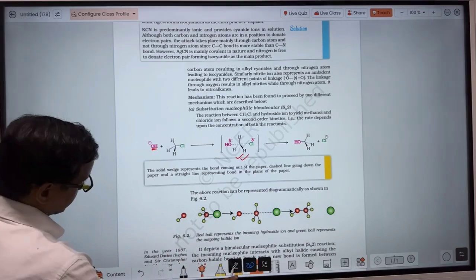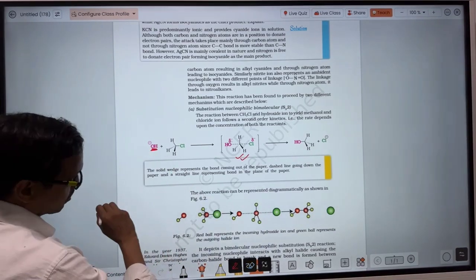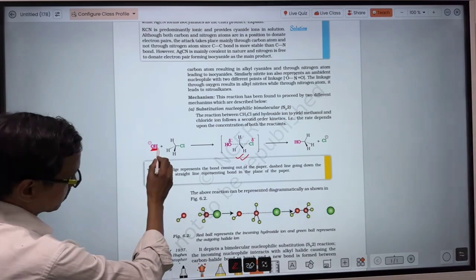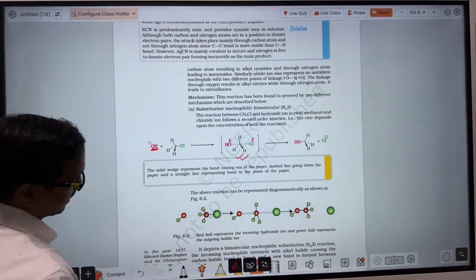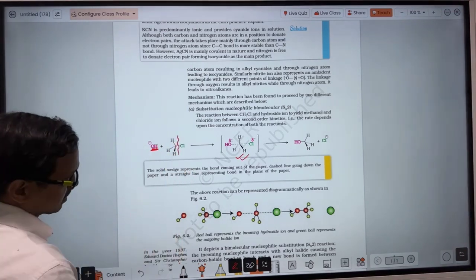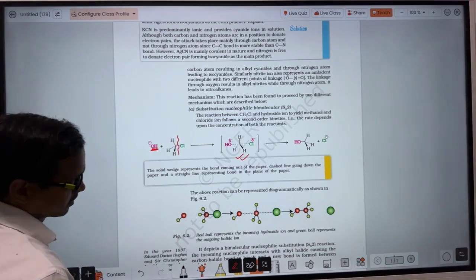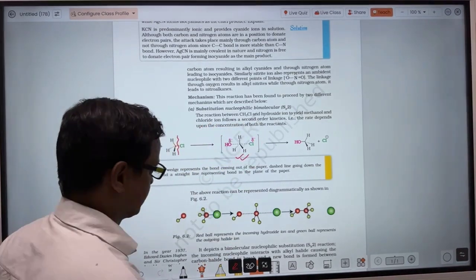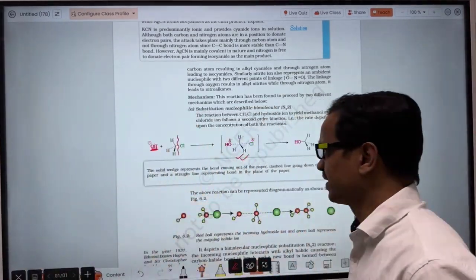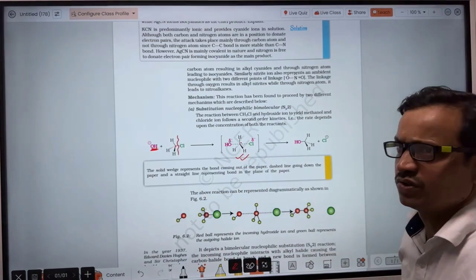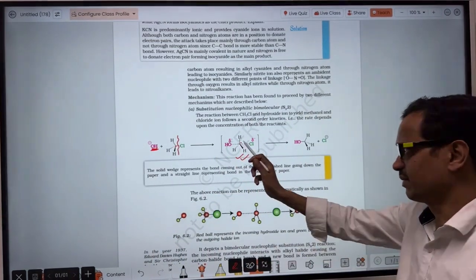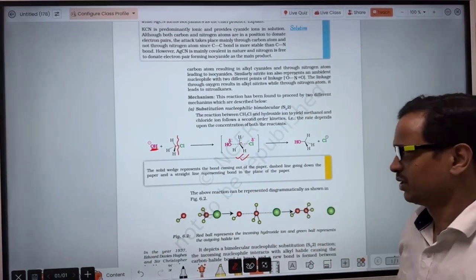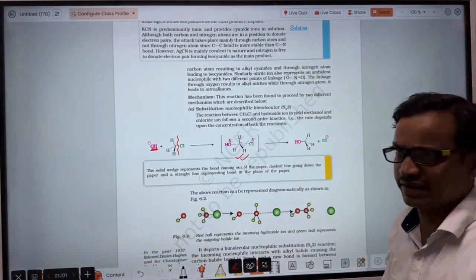That means there is initiation of bond formation between the nucleophile and the carbon atom and cleavage of the carbon-halogen bond. So there is an intermediate stage in which there is weak bonding between the carbon and the nucleophile and between the carbon and the halogen. So that is the intermediate here.